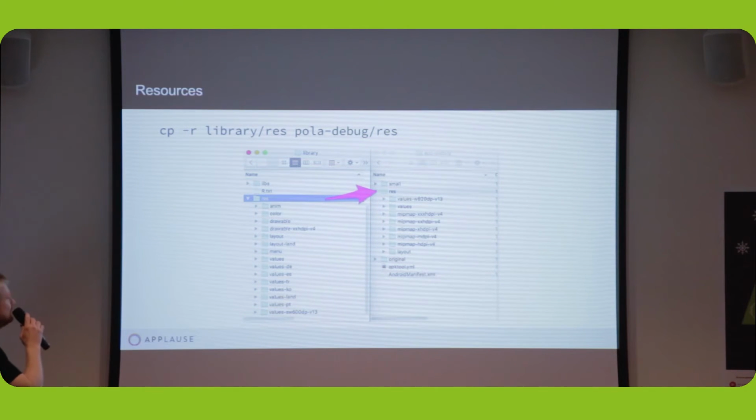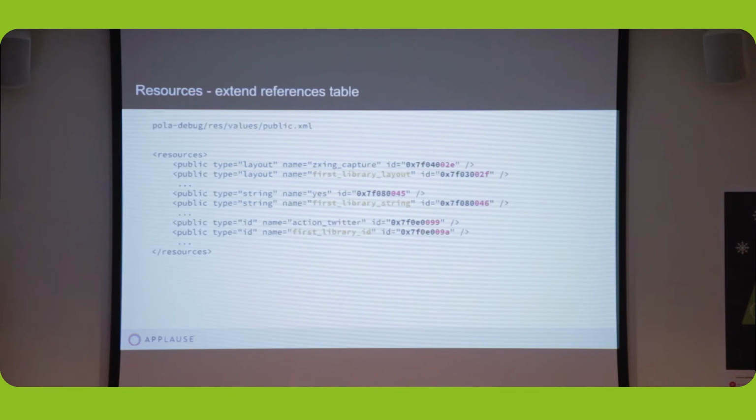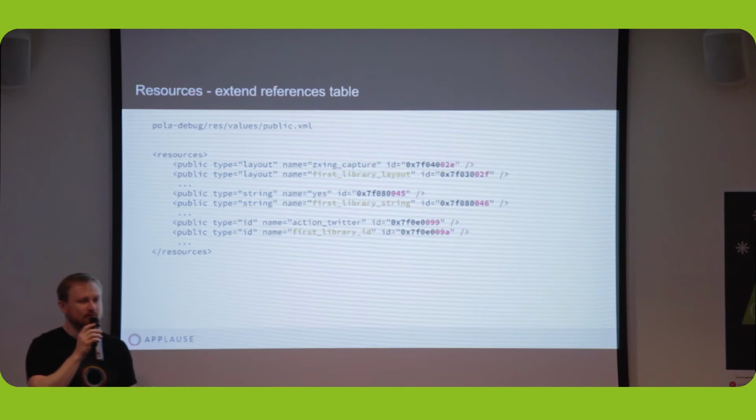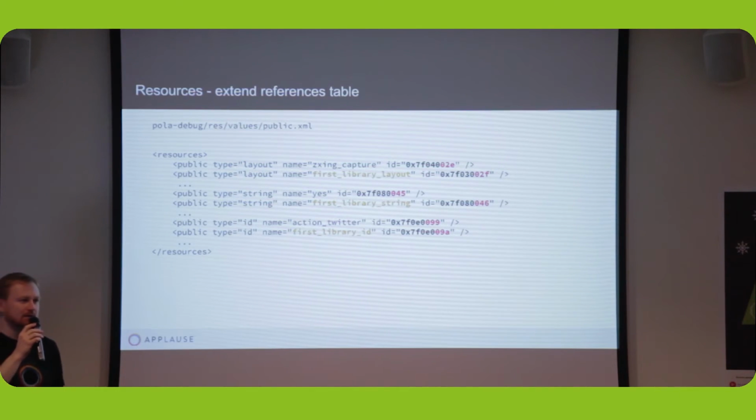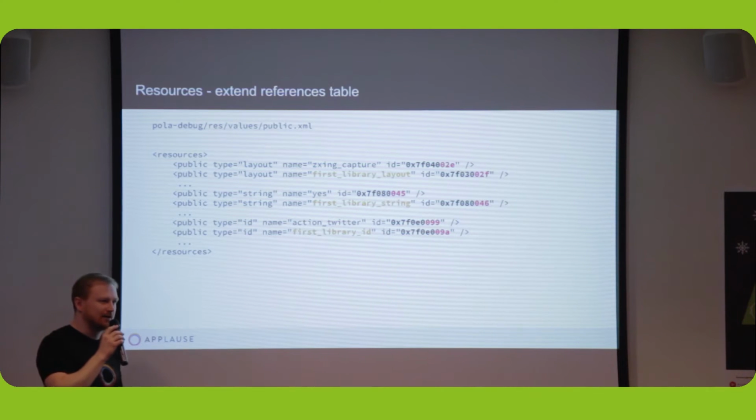Then let's merge resources. First of all, you just need to copy the directory from one to another. It's still easy. But as I showed in the picture before, we have to assign new addresses for the newly added resources. We're not using the Android compiler, so there's no one that would do it for us.